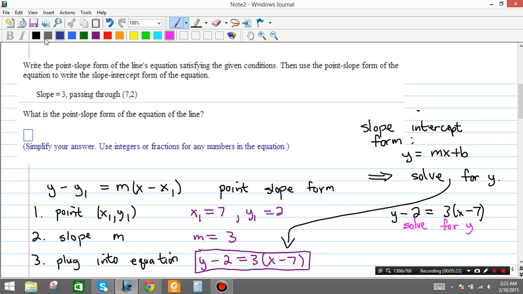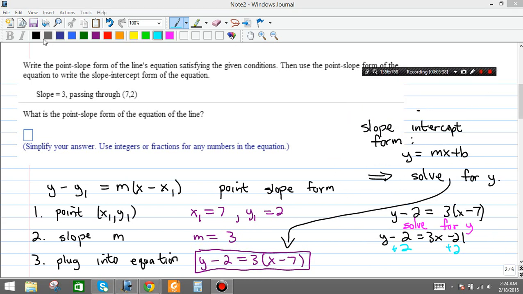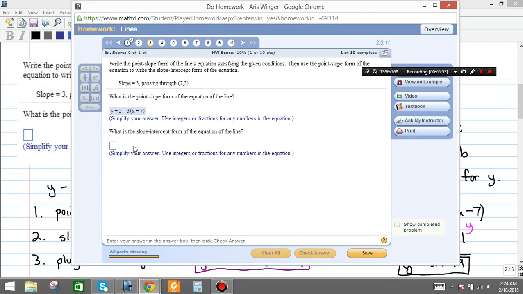That means we're going to distribute this 3, so y minus 2 equals 3x minus 21. And you know the deal, we add 2 to both sides. And then we get that y equals 3x minus 19. And that is the answer to the second question. So the second question is going to ask for this in the slope-intercept form, so it's y equals 3x minus 19.